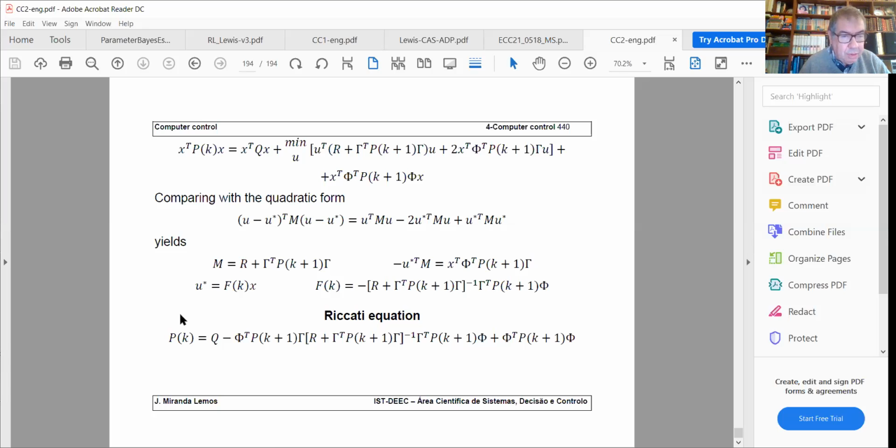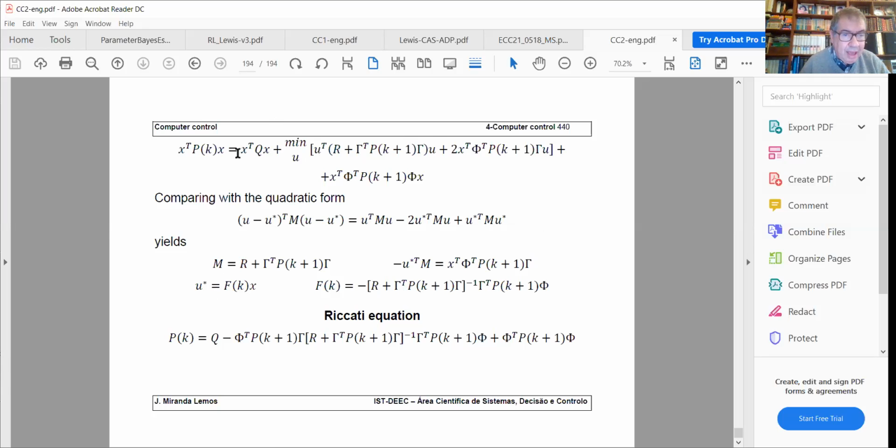So you end up with the conclusion that U star is some vector that you compute in this way times X. And furthermore, if you eliminate U, replace it by the optimal value given by fx with f given by this expression here, you get rid of the minimization term because U star is the one that minimizes with respect to U all this stuff.